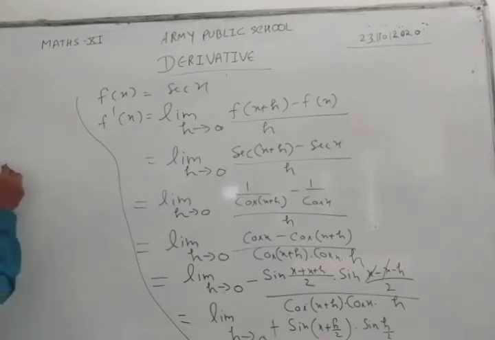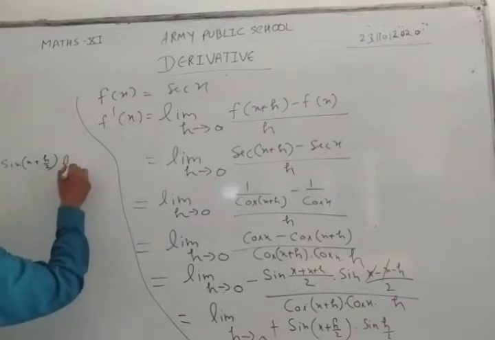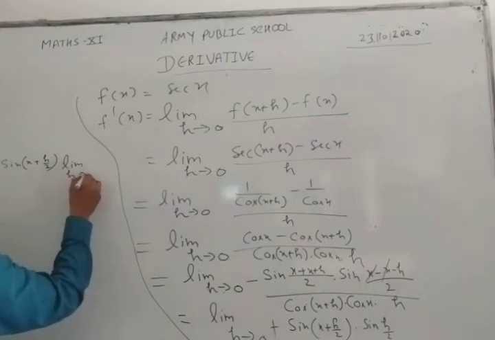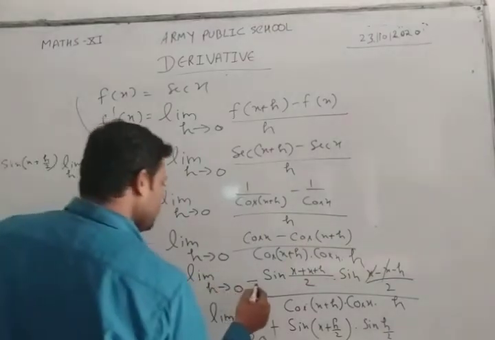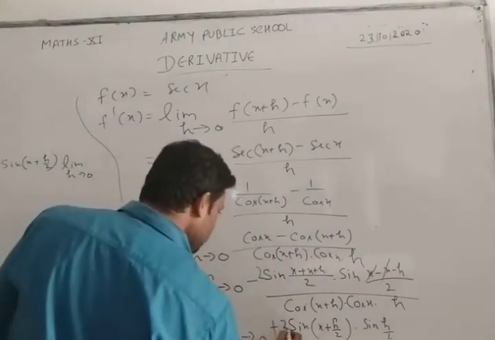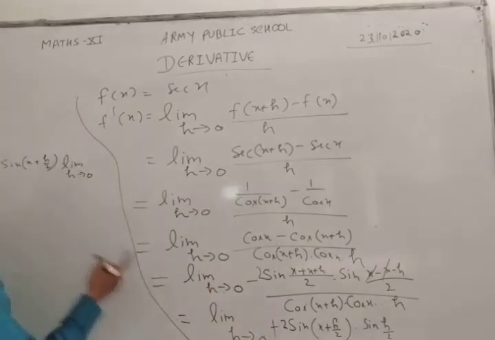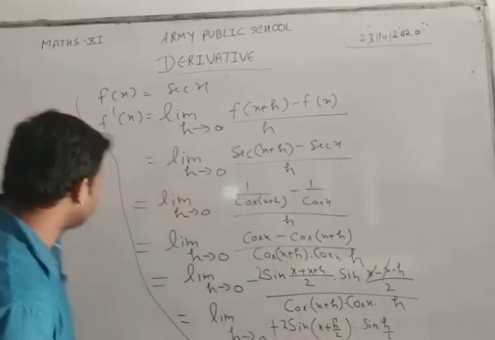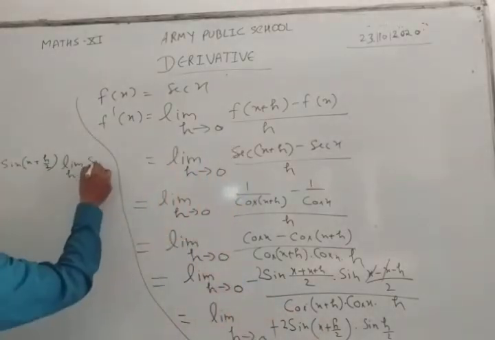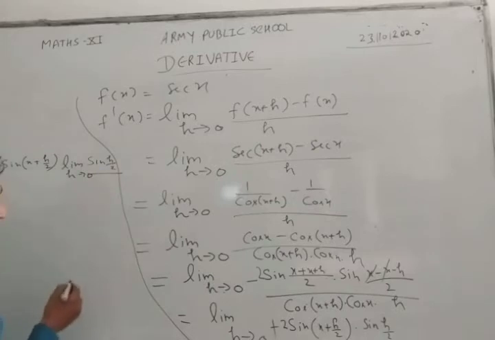So we write limit sin x plus h by 2 into limit h tends to 0, and here will be 2 with the formula, they have not written, and this 2 will be settled in the denominator of h. We write limit sin h by 2 divided by h by 2.